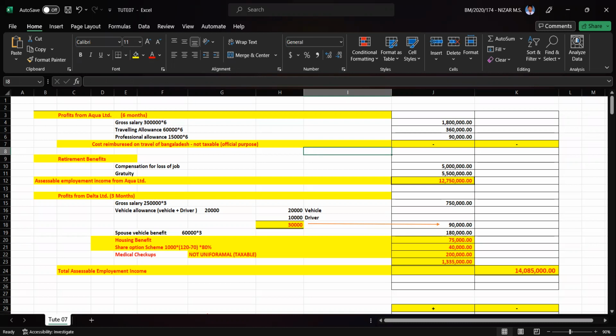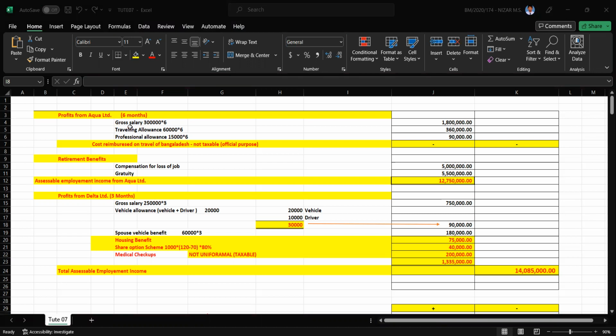As per this question, it's clearly mentioned that he terminated his employment with Aqua Limited on 30th September 2022. It means April, May, June, July, August, September, a 6-month period. So to calculate the assessable income from Aqua Limited, we consider the 6-month time period.